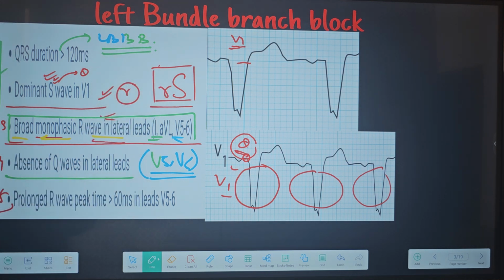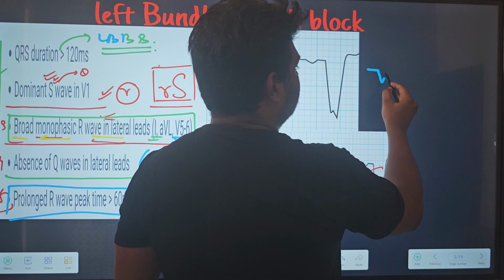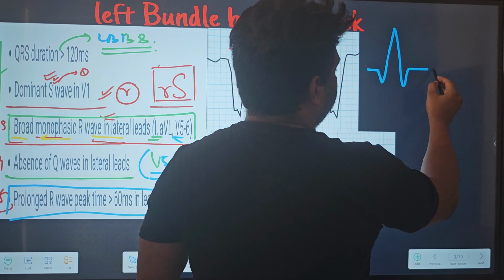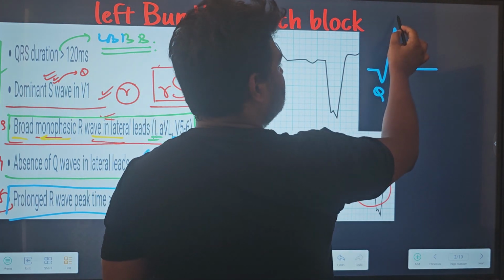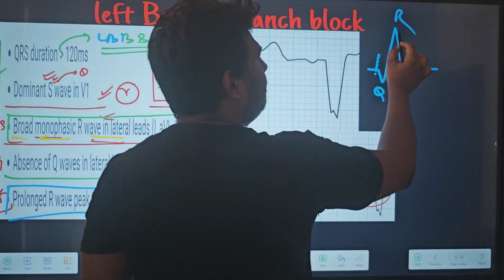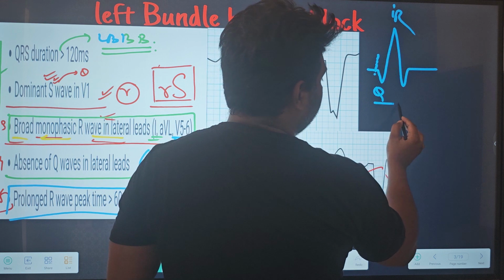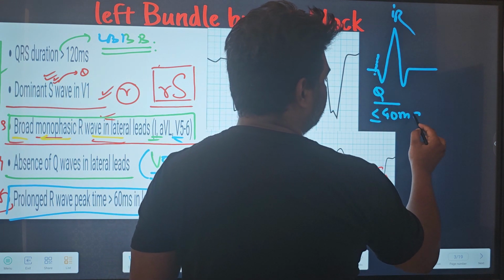But secondary findings can be PRPT of more than 60 millisecond. What is PRPT? Normally, if this is Q wave, this is R wave, S wave. So from the starting of the Q wave till the peak of the R wave, this time duration is generally less than or equal to 40 milliseconds.